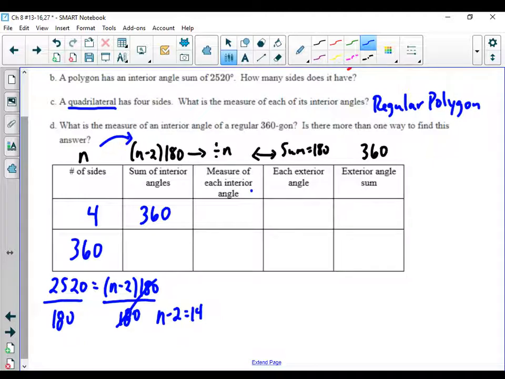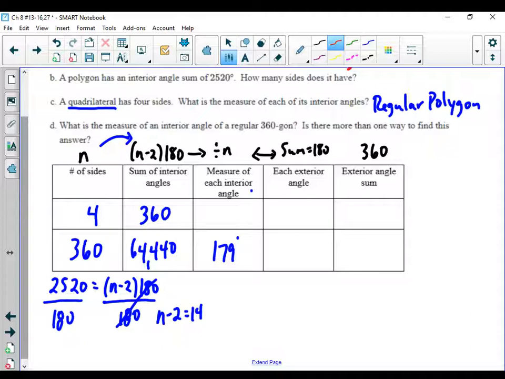So I could do 360 minus 2, multiply that by 180, and I get 64,440. That's the sum, the total of all of them. So to find one of them, I can divide by 360 because that's how many sides we have. And we find out that each angle measure would be 179 on the inside.